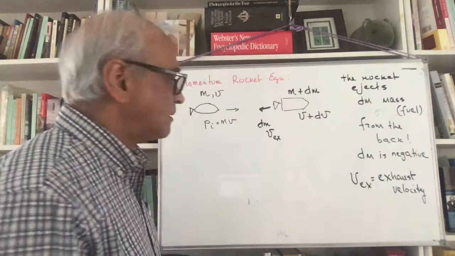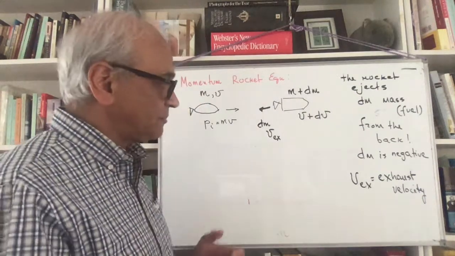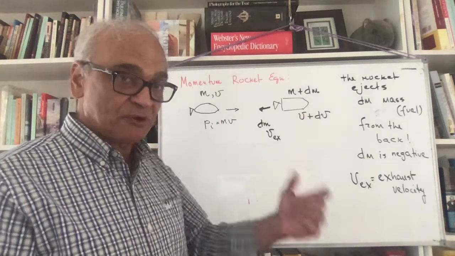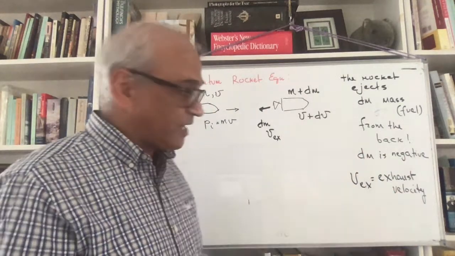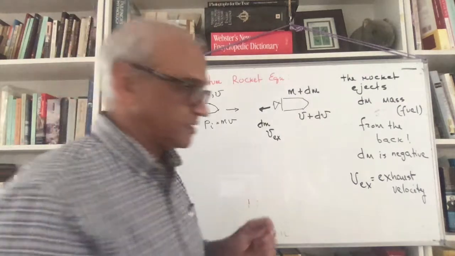But what is vex? Remember, it also has the velocity of the rocket, because it's moving with the rocket. So the exhaust velocity vex is with respect to the rocket.